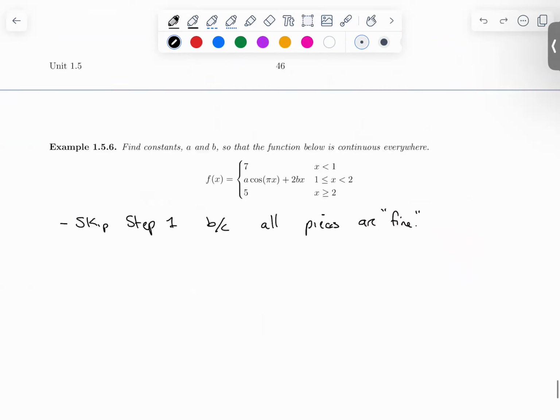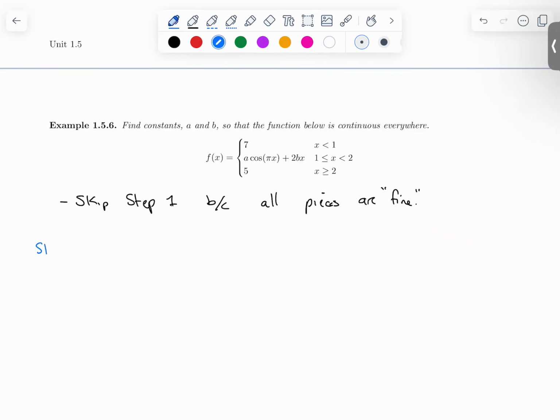So step 2. The limits. Well, we got two dividing values for x equals 1. I'm going to skip plugging it in because that's kind of taken care of. But actually, we should still do it.